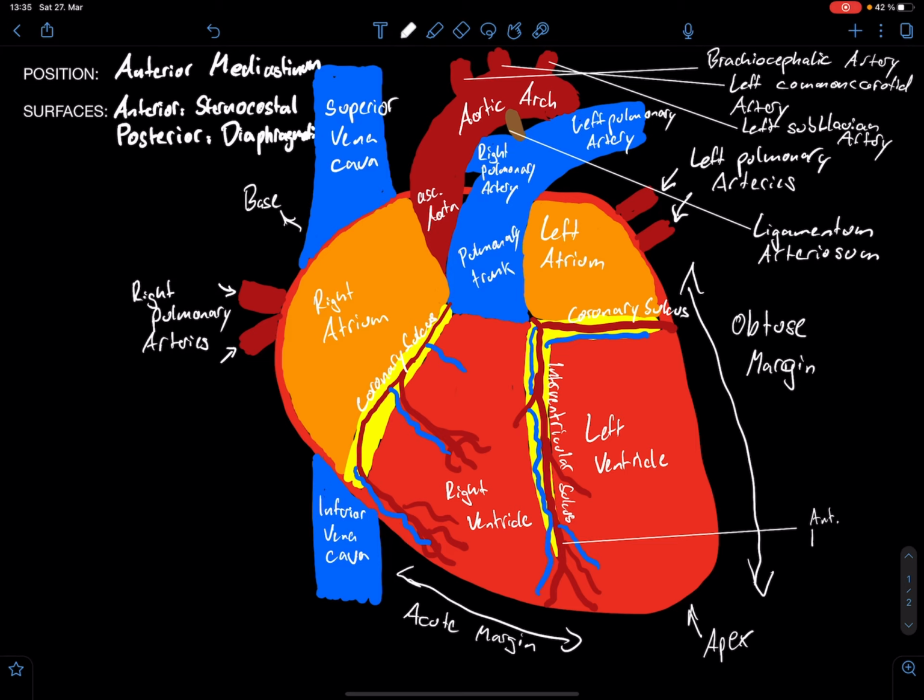It supplies both the left and right ventricle, at least the apical part of it. The blue structure also running in the interventricular sulcus is the so-called great cardiac vein.